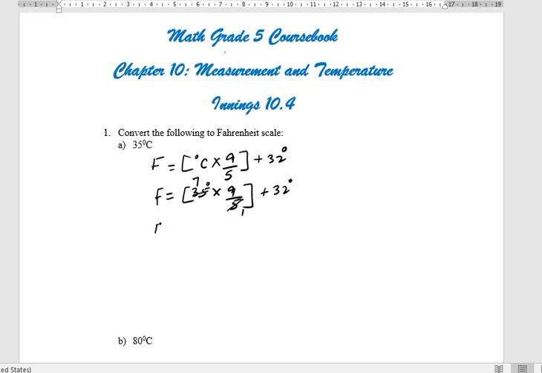In the next statement we can write F equals 7 into 9, 7 nines are 63 degrees plus 32 degrees. And it is coming to 95 degrees Fahrenheit. So 35 degrees Celsius equals 95 degrees Fahrenheit. I hope it is clear.